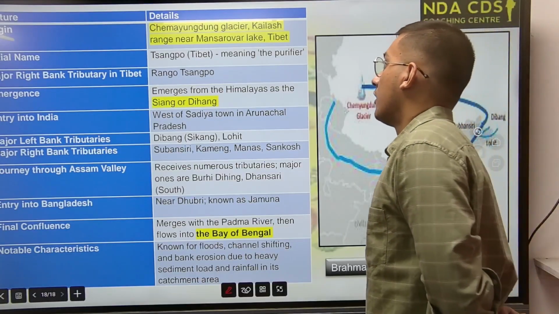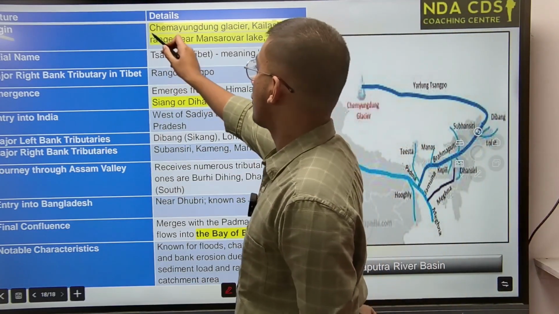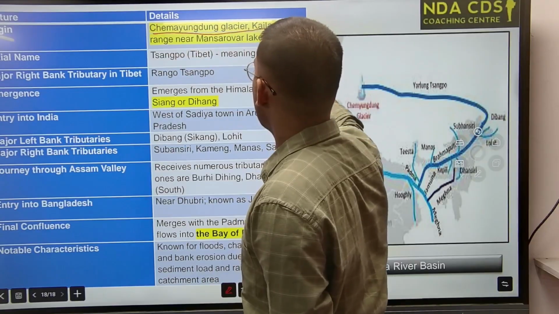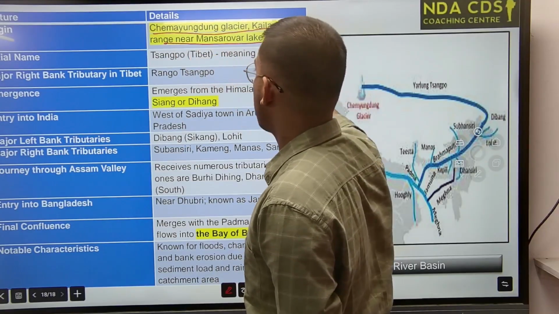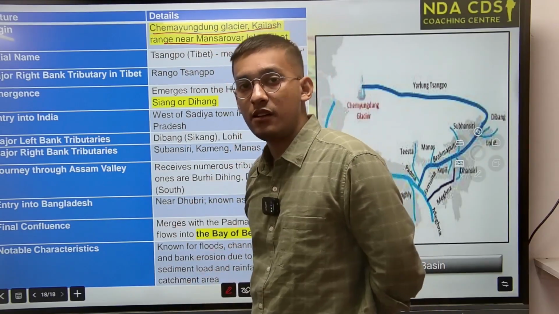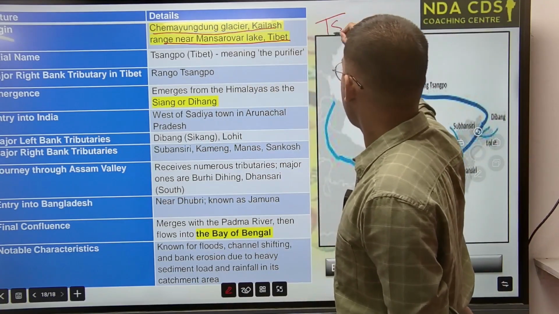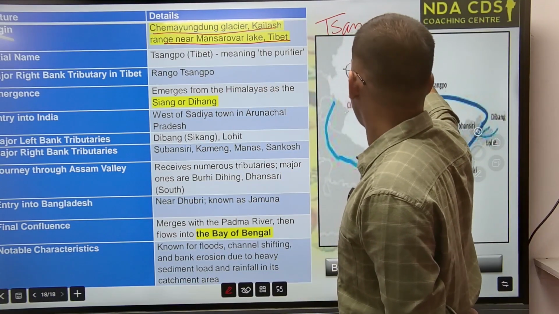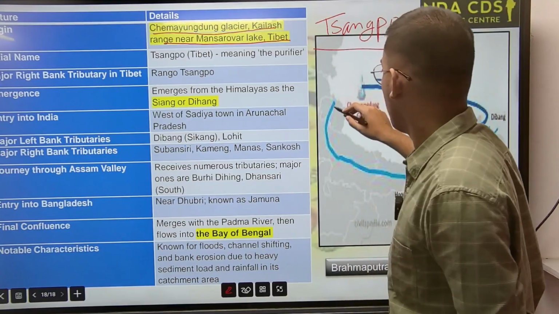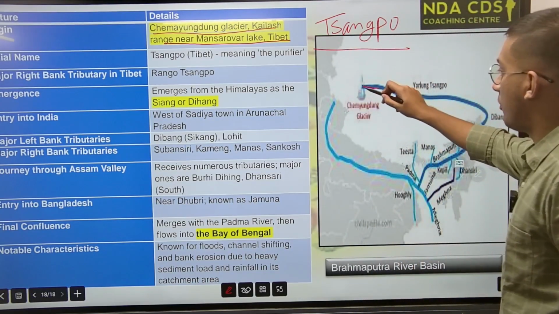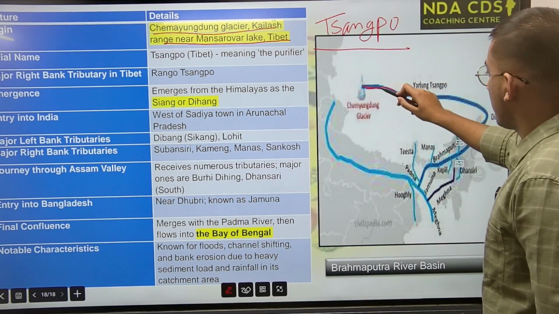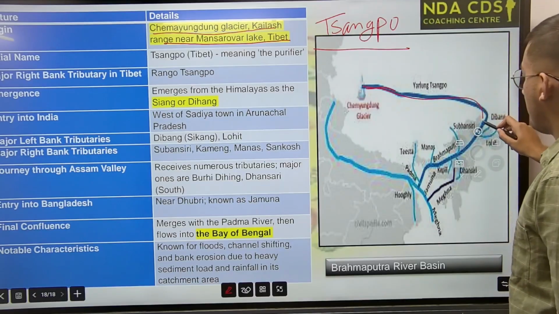So, the Brahmaputra starts at Chemayungdung Glacier, Kailash Range near Mansarovar Lake in Tibet. There it is known as Tsangpo, T-S-A-N-G-P-O. So this is the Ganga. This is Brahmaputra. It's known as Tsangpo in Tibet.